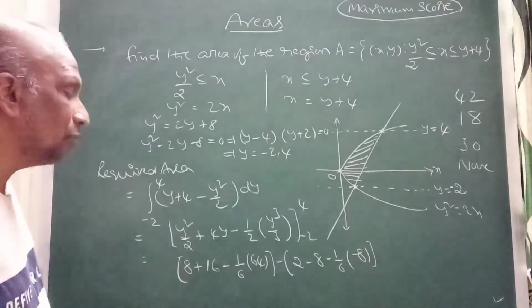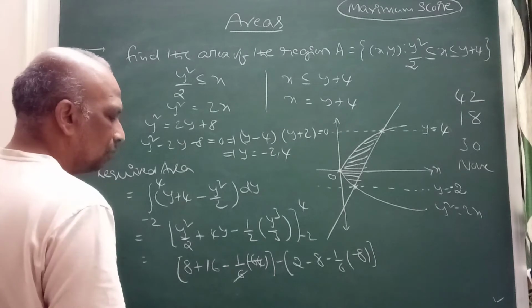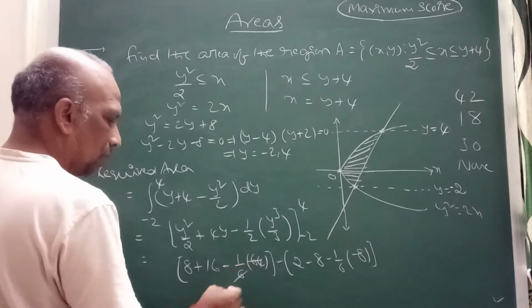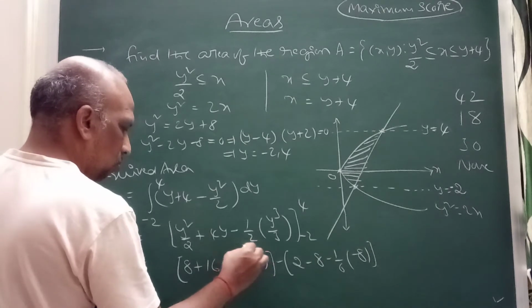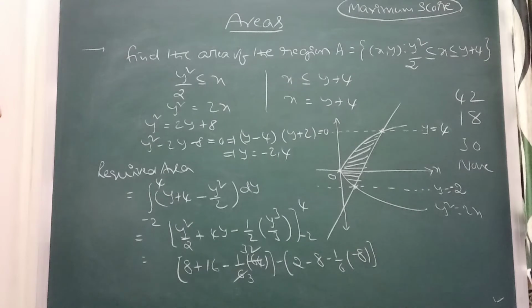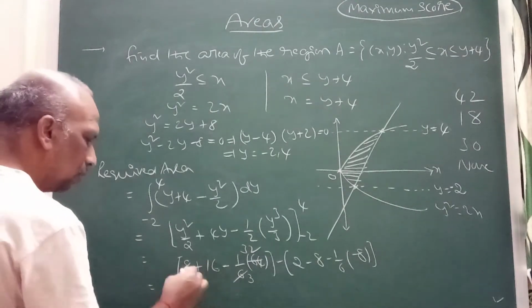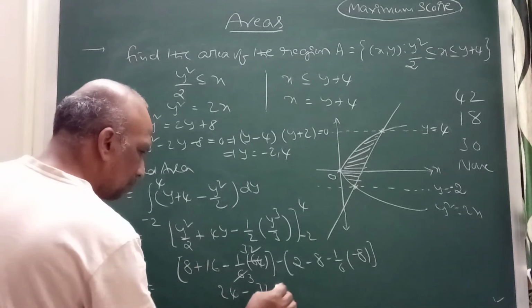Now I am going to simplify this value. You can see, I can simplify here, 2 3s are 6, 2 32s are 64, correct. I can simplify this one: 24 minus 32 by 3.